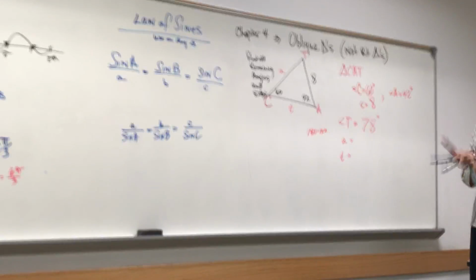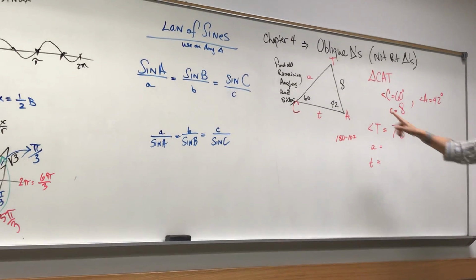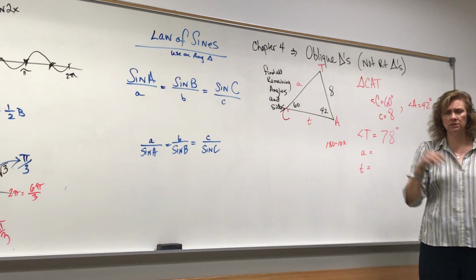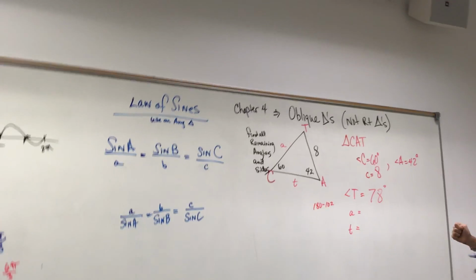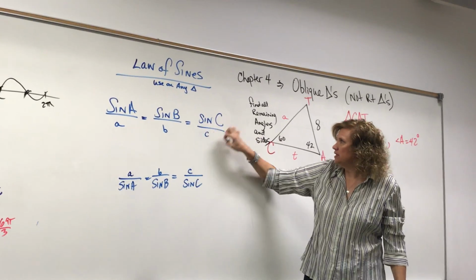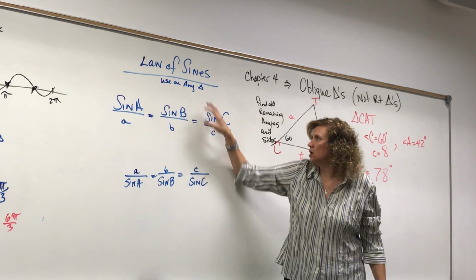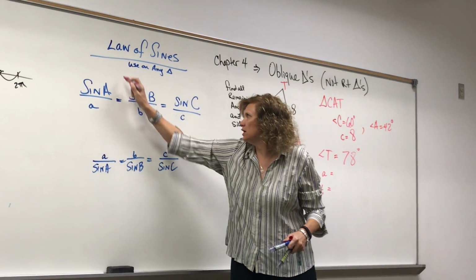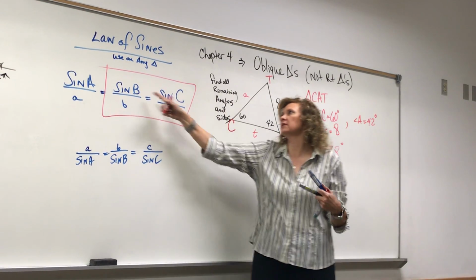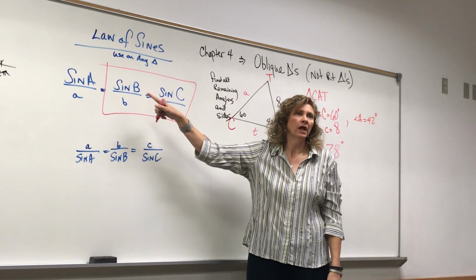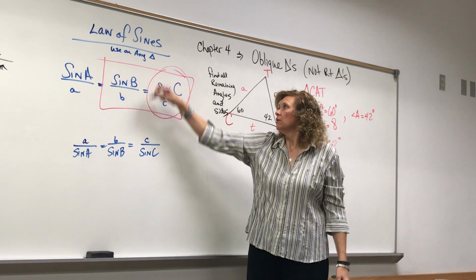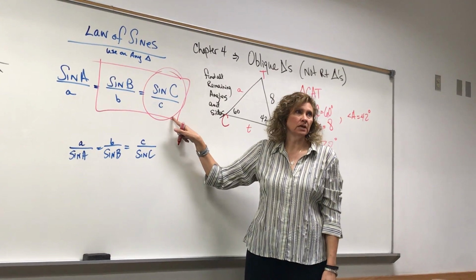If I'm going to take two fractions equal to each other and solve something, I need three pieces of information. Basically, I better have an angle and its opposite side.